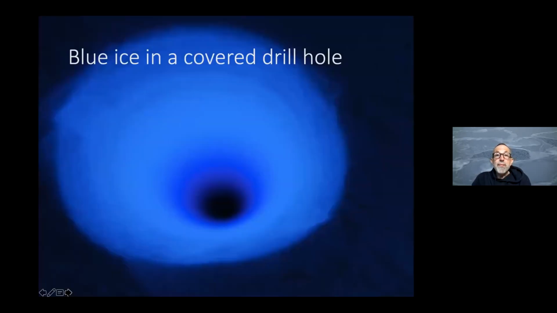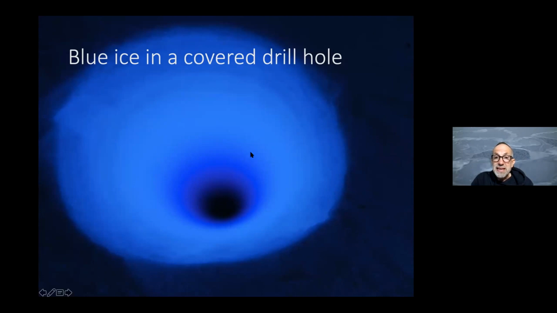Now, how can we imagine that this blue light is going very deep into ice? This is a drill hole in Antarctica, and we covered this drill hole with a big tarp, so no sunlight could come in.